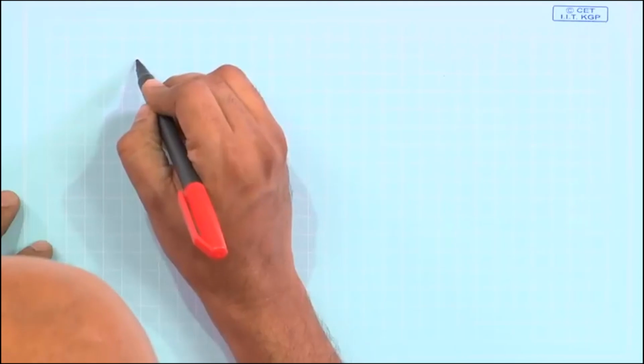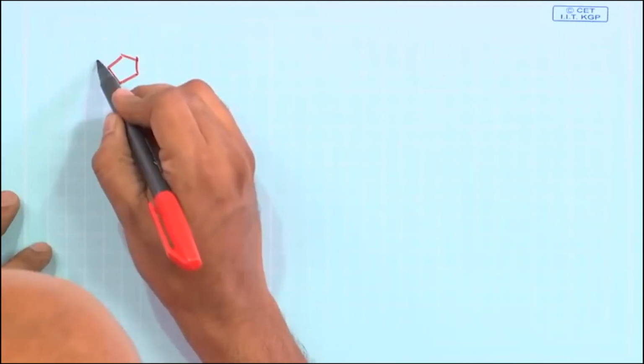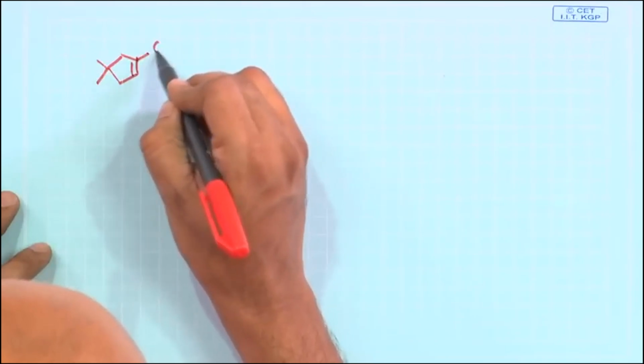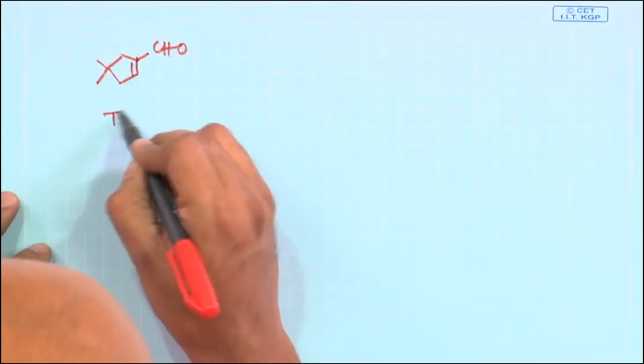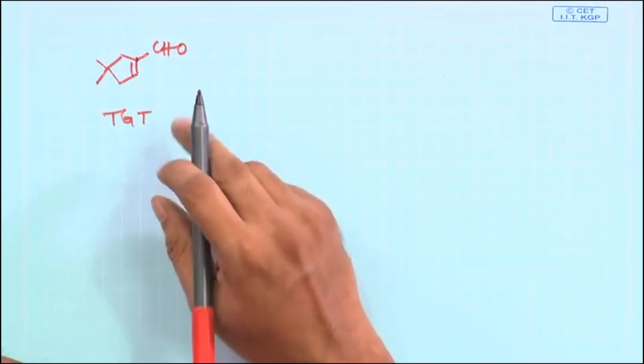I will try to give you a very unusual transformation, which probably you will not find in any textbook, but that is very useful. We will explain it in terms of retrosynthetic analysis. What is it? We have a target molecule, something like this. The target molecule is given to you. Okay.